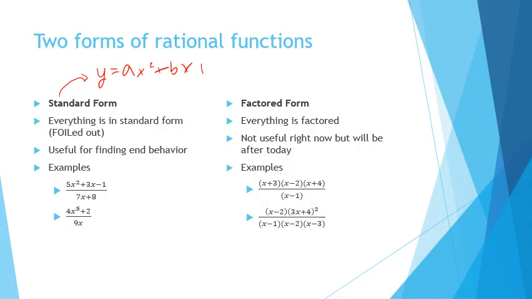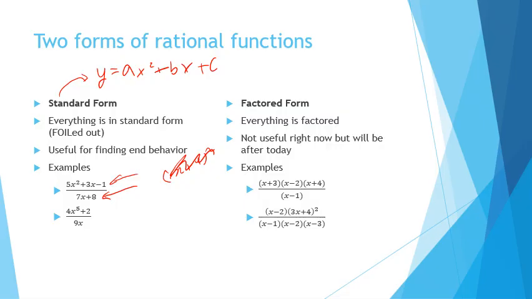Ax squared plus bx plus c. That's kind of what we're going to want here, where everything is in standard form, all the polynomials are on top of each other, and everything is FOILed out. So there's no like x plus 4 squared or anything like that. No linear factors, just the terms arranged from the greatest term to the smallest term in standard form there.